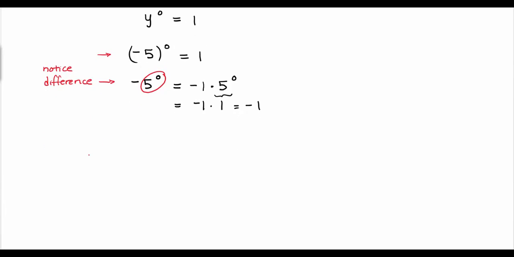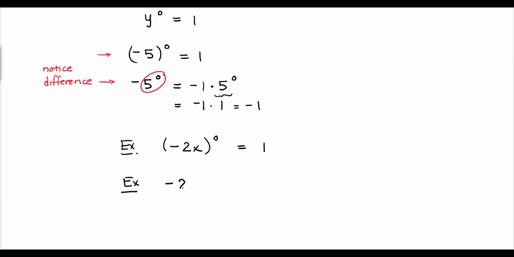Again, I could have negative 2x, all in parentheses, to the 0. This means that the entire thing inside the parentheses is raised to the 0th power, and anything raised to the 0th power is 1, right? But let's say I don't have that.